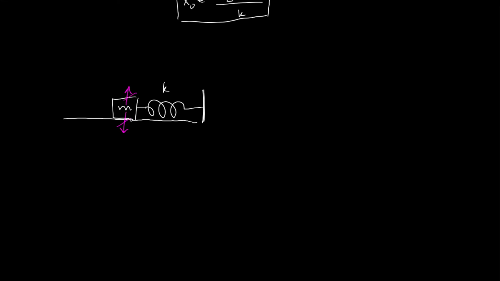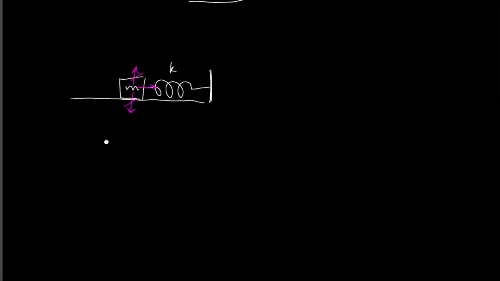These two forces cancel out, and the only force in the horizontal direction along the movement of the box is the spring force. So if we draw a free body diagram, the only force that we care about is going to be that spring force, because these other two forces cancel out.